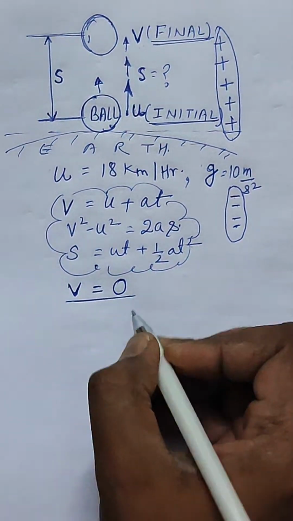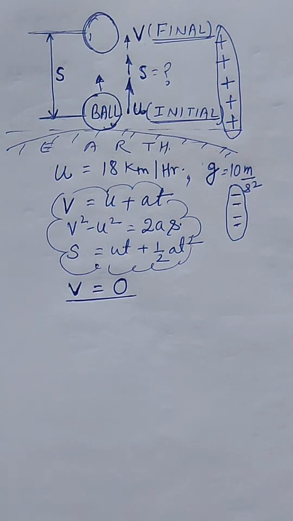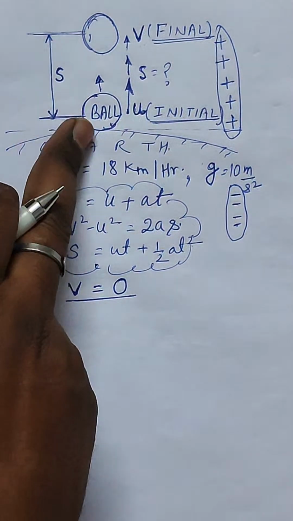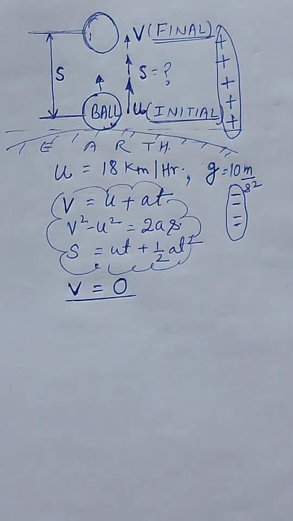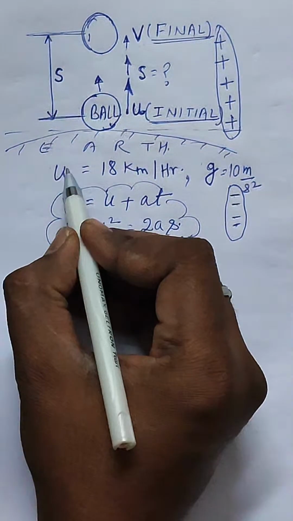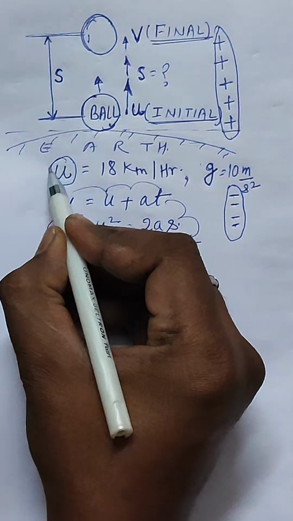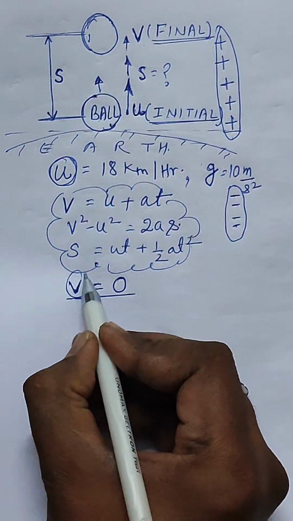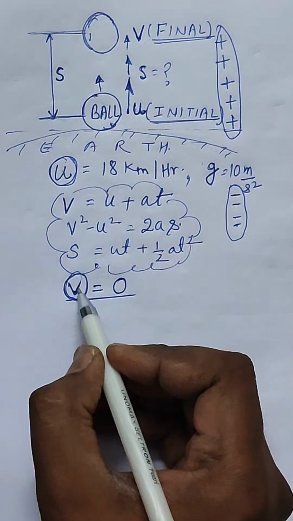If the final velocity of the ball is 0, then we know u and we know v. These values are known to us.